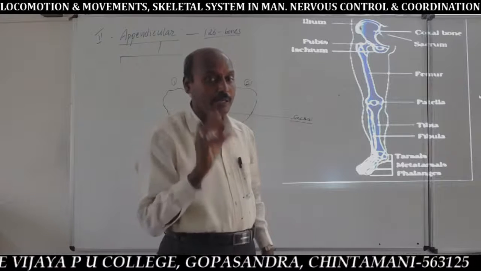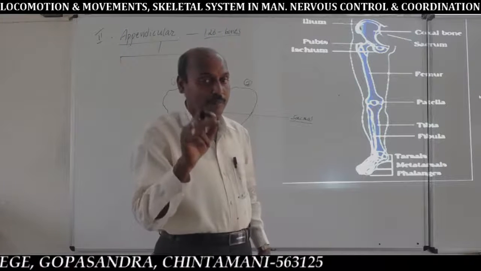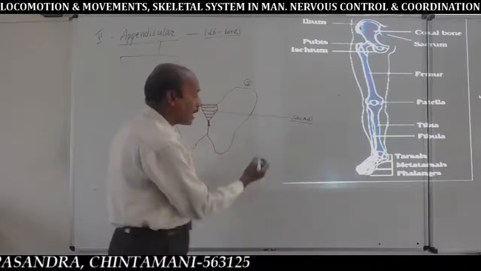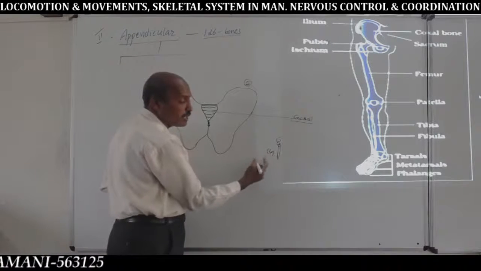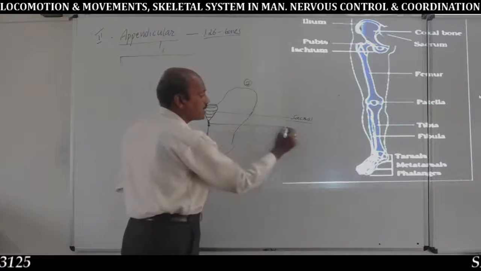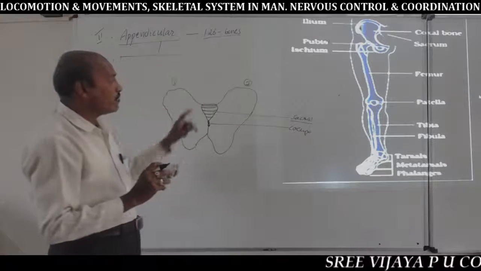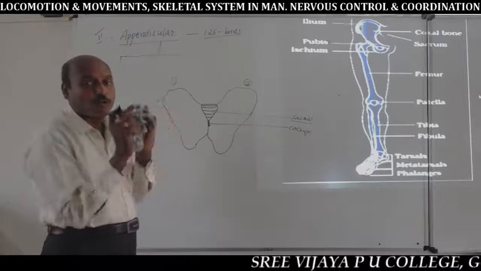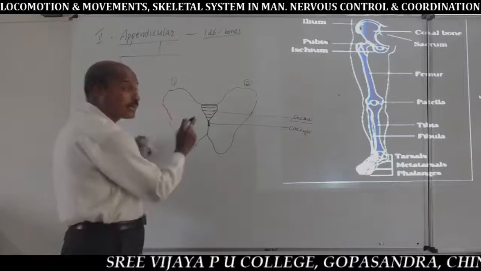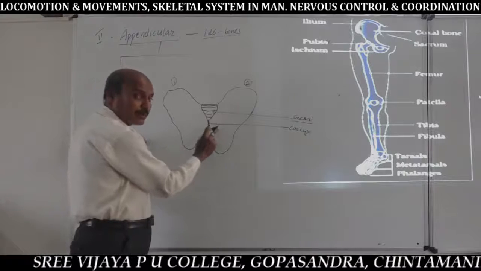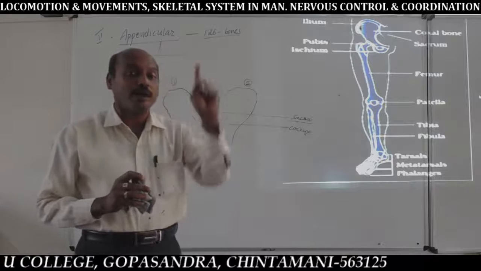The sacrum is formed by fusion of 5 sub-bones in the adult body. Below the sacral bone, the last bone of the vertebral column is the coccyx bone. It is formed by fusion of 4 sub-bones. This is the coccyx bone. So when we are discussing the pelvic girdle, we won't consider the sacral and coccyx bone, because they are parts of the vertebral column in the axial skeleton.